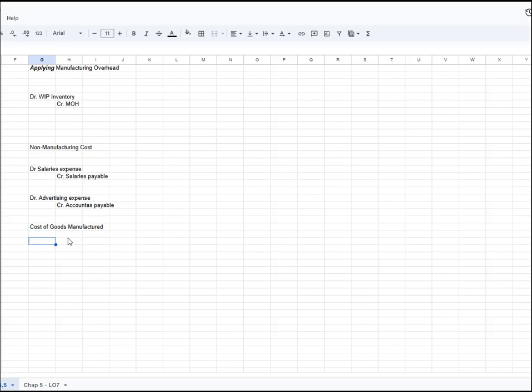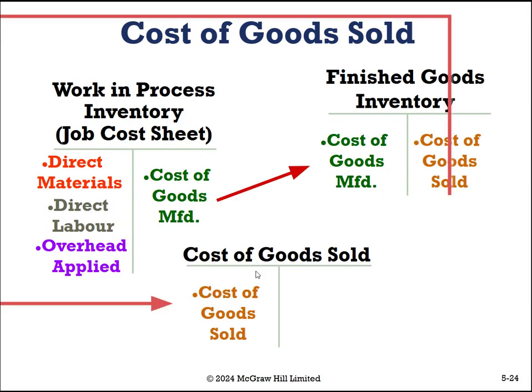Let's take that out of work in process inventory, so credit work in process inventory, and debit our finished goods inventory, because you were manufactured and these are your costs. Cool. I think you know where this is going, but we're going to keep going.